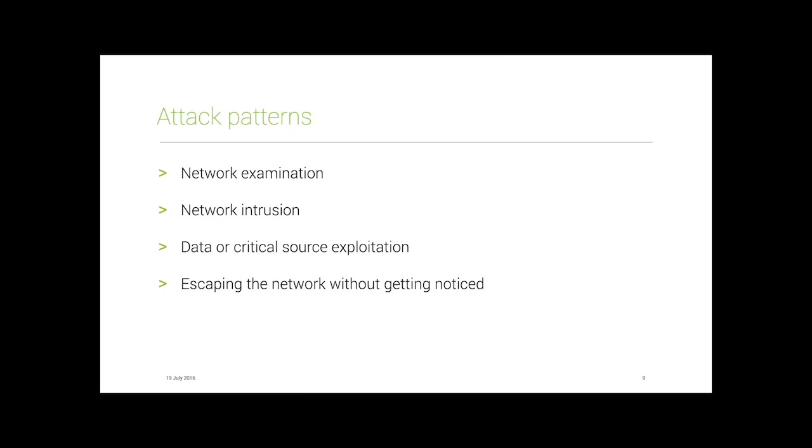Once the hacker examines the network, he will identify all the possible ways to intrude your network by bypassing the firewall or IDS IPS and try to access your critical data, say a web server or confidential data that is stored on your file server. Once he has completed the attack, he will try to escape your network without getting noticed, that is, before the actions performed at your end get him caught.